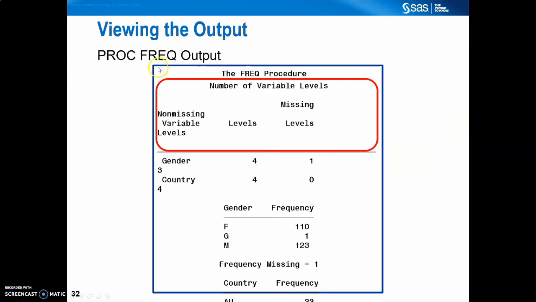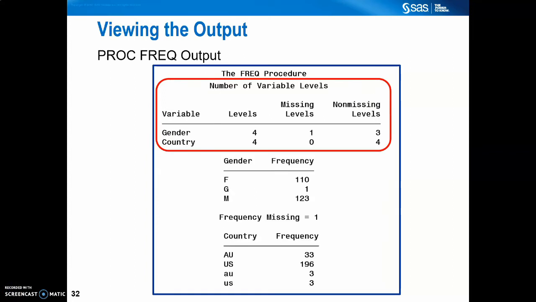So this is an example of the information that can be produced when we put the NLEVELS option in the PROC FREQ step. You can see here the information in the red circle.